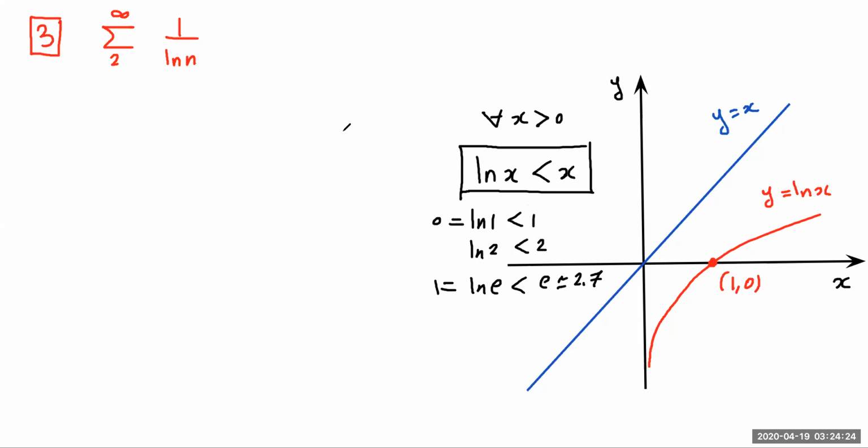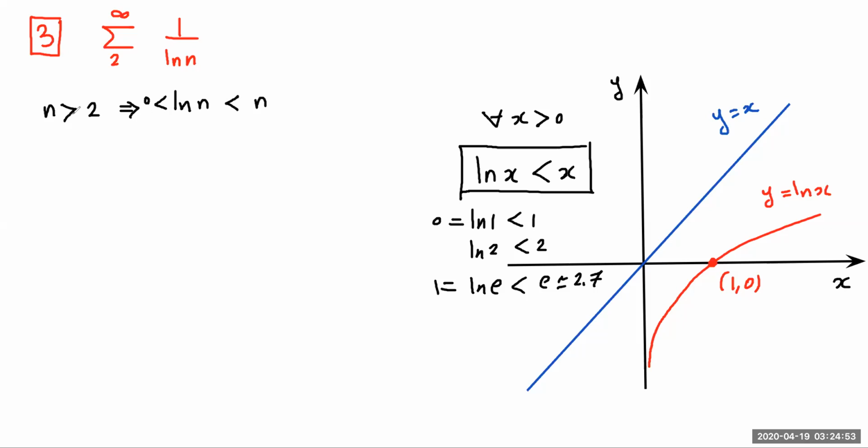So using this idea, here, if n is bigger than 2, then ln n is less than n, and it's positive because n is bigger than 2.